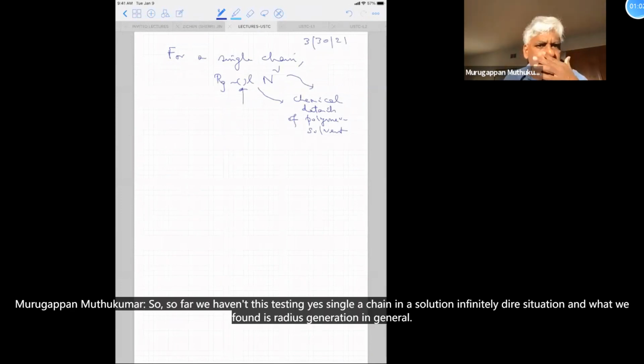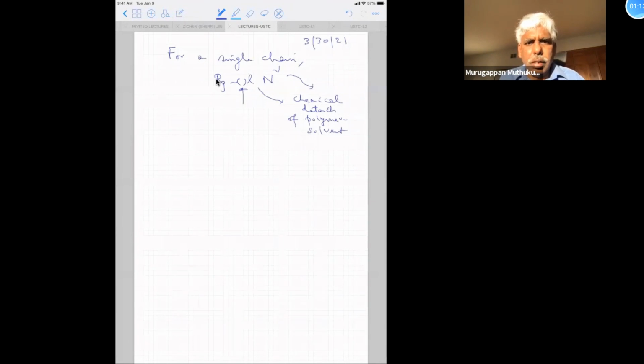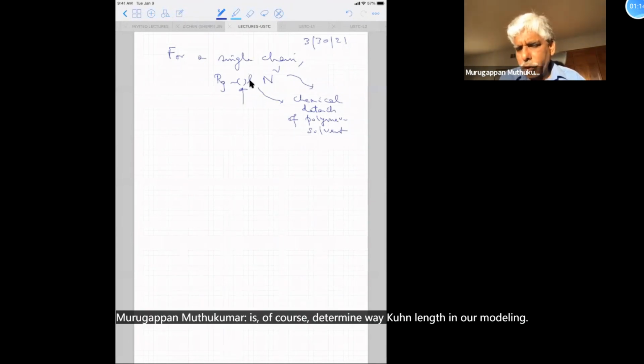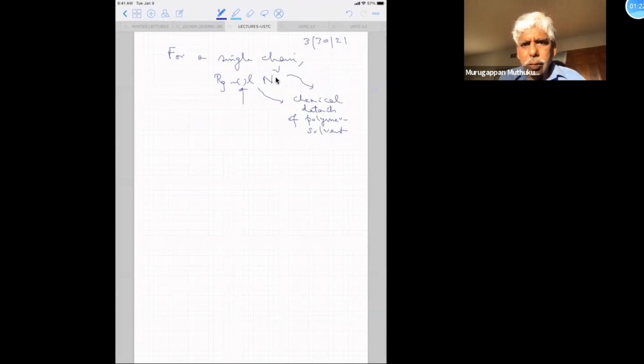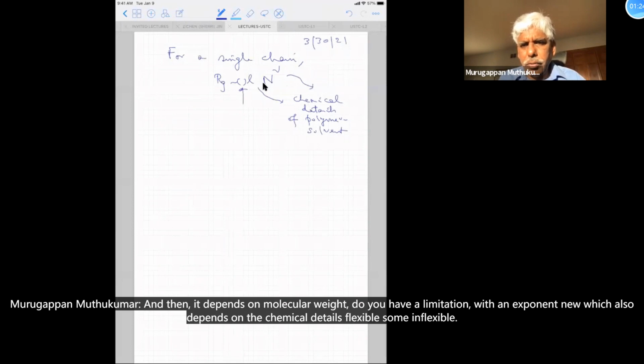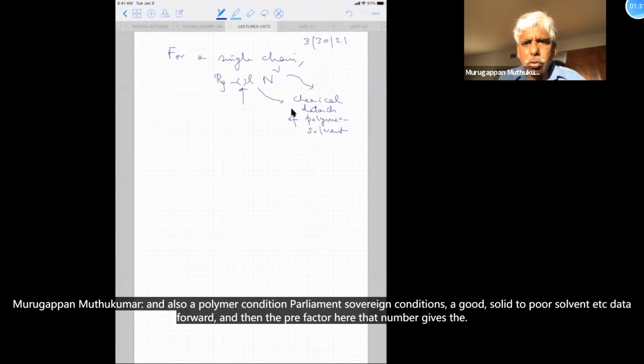So far we have been discussing a single chain in a solution, an infinitely dilute solution. What we found is that the radius of gyration is determined by the Kuhn length in our modeling, which depends on the chemical details of the polymers. It then depends on molecular weight, the degree of polymerization, with an exponent nu, which also depends on the chemical details, flexible or semi-flexible, and on polymer-solvent conditions: a good solvent, a poor solvent, theta solvent.